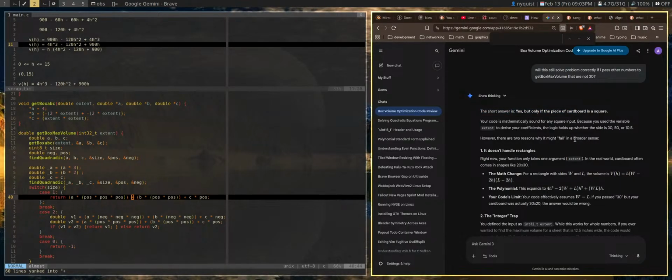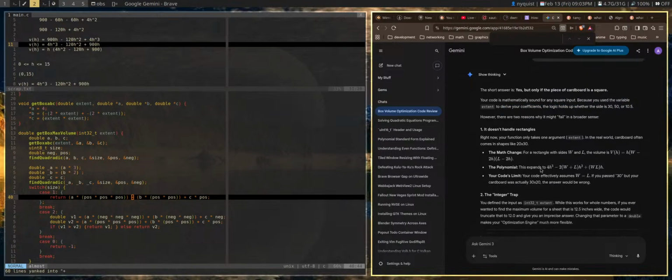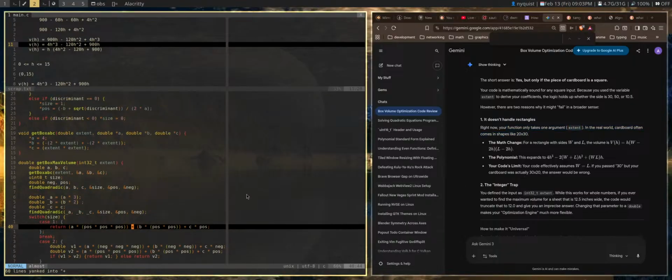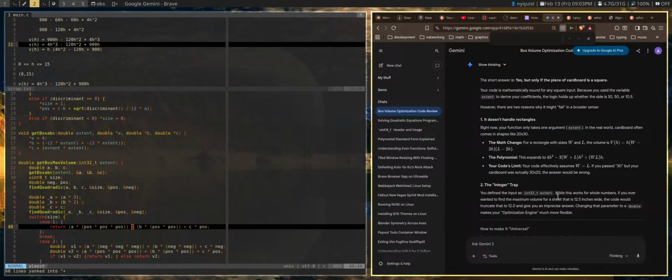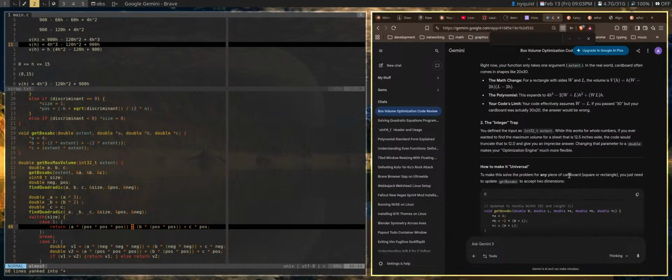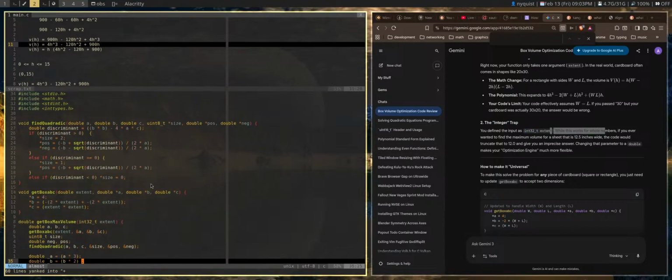Aha. Okay. Rectangles. Well, I'm not looking for rectangles. I'm only looking for squares, so that's fine. Integer trap. You defined... This works for whole numbers. Where? Int extent.